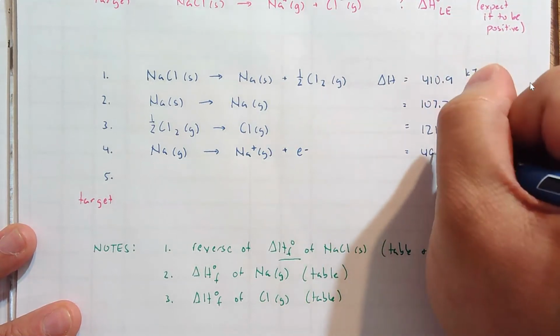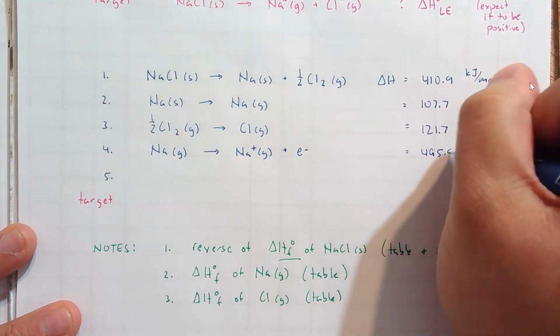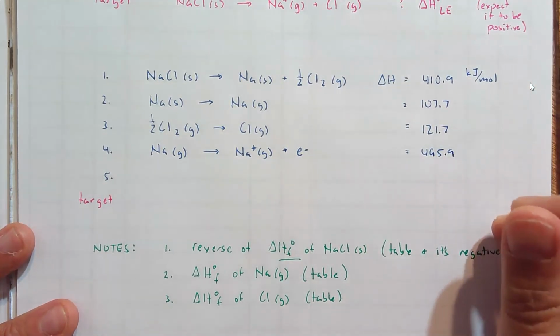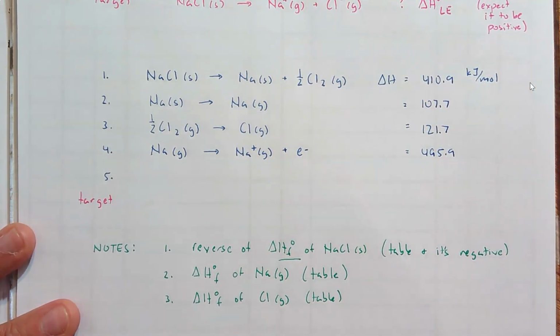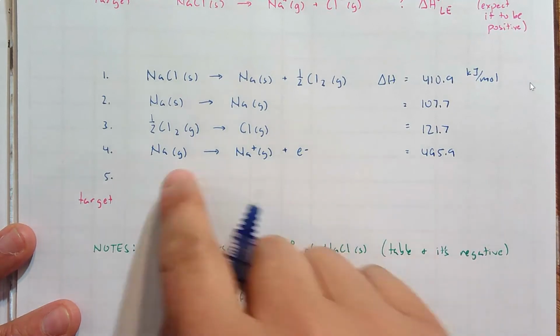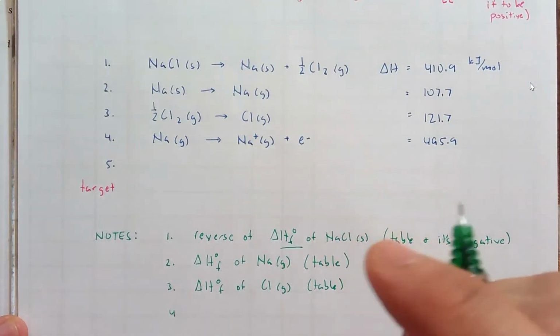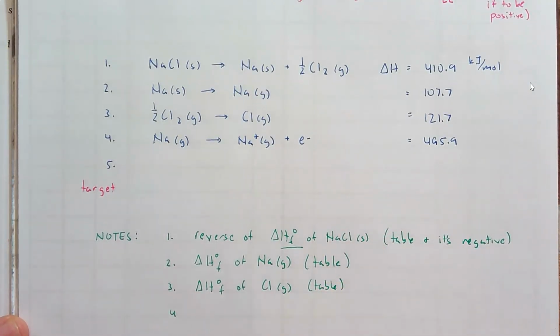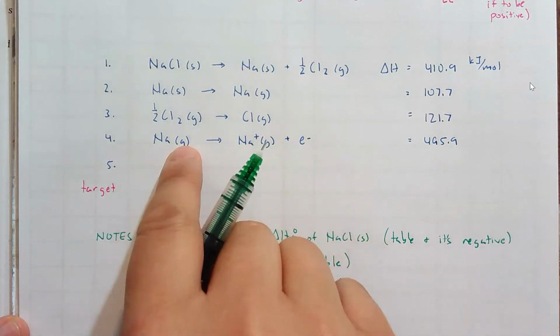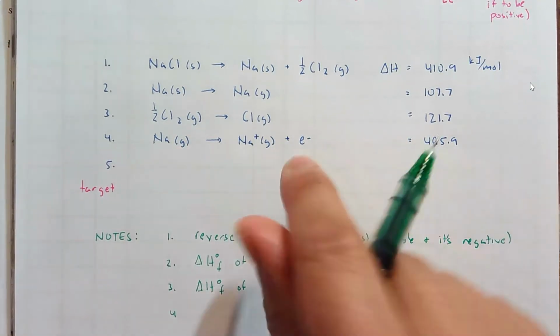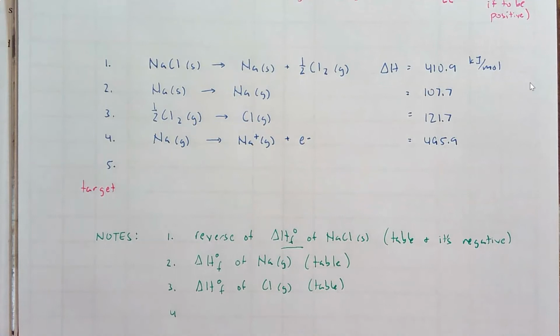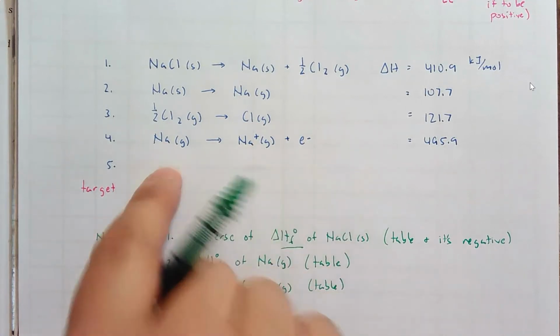Okay, 495.9. So it requires energy. This is the energy required to ionize sodium gas. This is an ionization energy, right? Ionization energy is the amount of energy needed to ionize an element in its gas state. And it's the first ionization energy because we kicked out an electron from its neutral state.